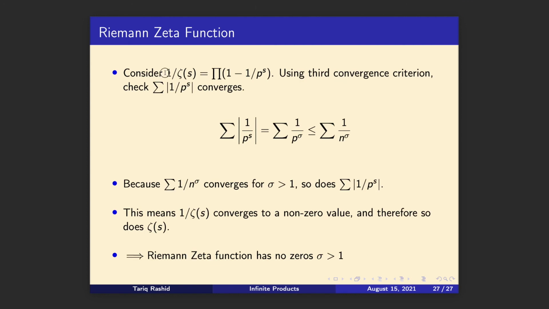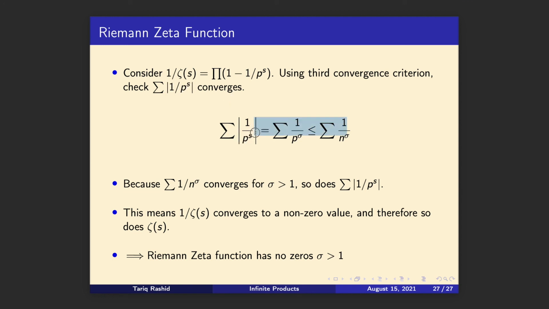So for the moment we're going to consider 1 over the zeta function, just to get rid of that minus 1 that's usually up there. So this looks more like the form we were working with. So 1 minus 1 over p to the s. And for the convergence criteria, we just need to check that the magnitude of 1 over p to the s converges. That's all we need to do.